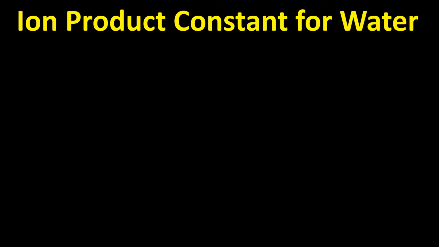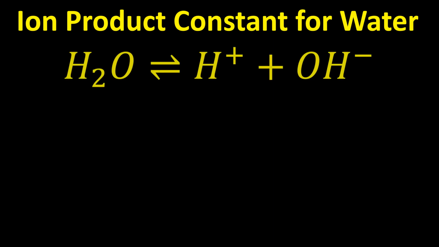The ion product constant for water. If we look at this reaction that's reversible, so you see the arrows go both directions, water will dissociate into a hydrogen ion and a hydroxide ion.